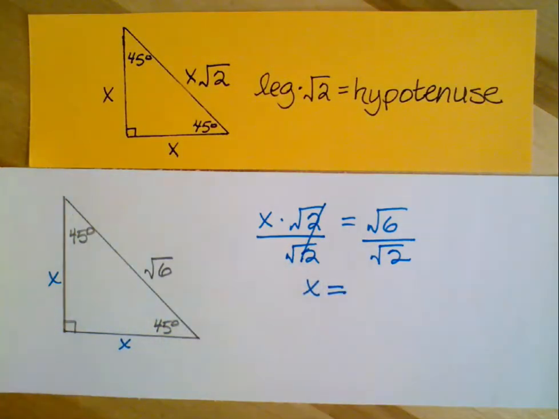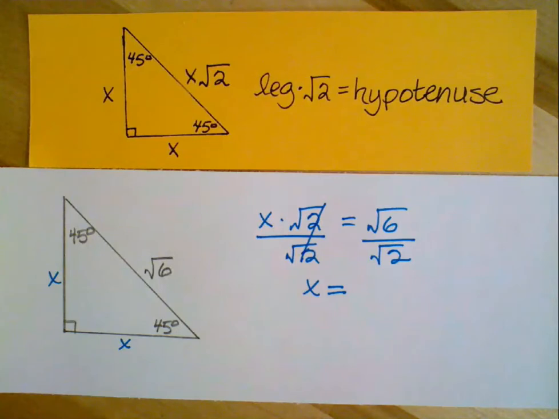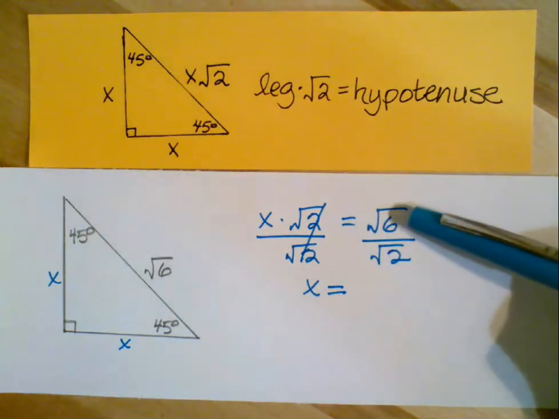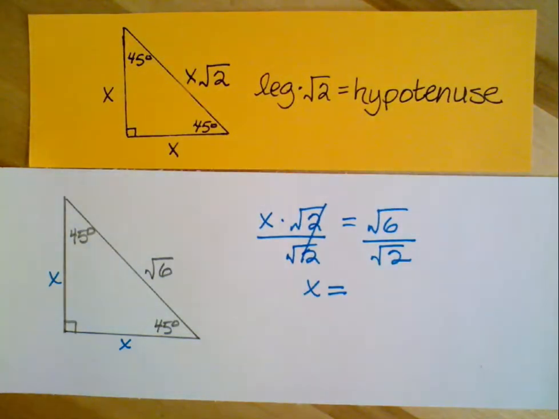Now, on the right, we're left with two possibilities. We could do what we did in the last problem and rationalize by multiplying by the square root of 2 in both the numerator and denominator, or we could see this as the square root of 6 divided by the square root of 2, understanding that when you divide square roots, you can simply divide their radicands.